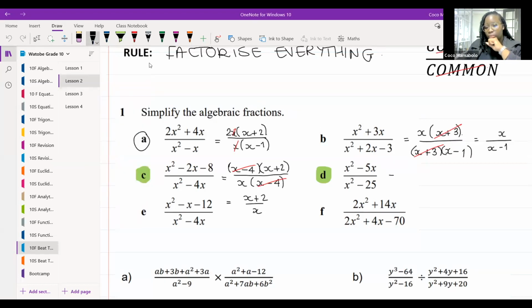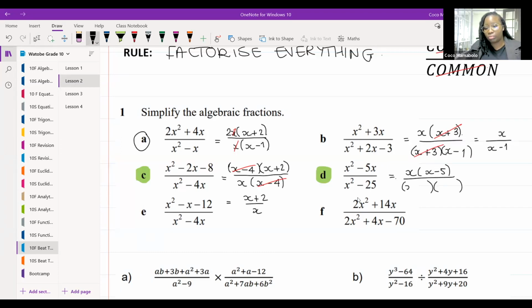Can I try? Yes, absolutely. Go for it. Okay. I started by taking out a common factor on the numerator, which is x. Then it's going to be x open bracket x minus 5. Awesome. And the bottom? Then I did the dot method, and I said open bracket x plus 5.